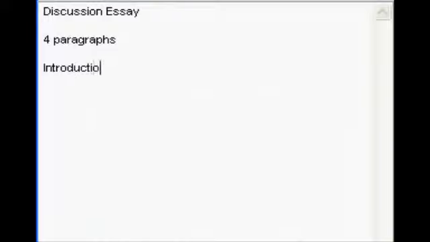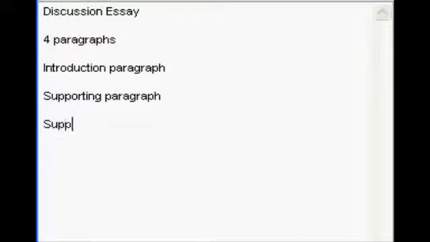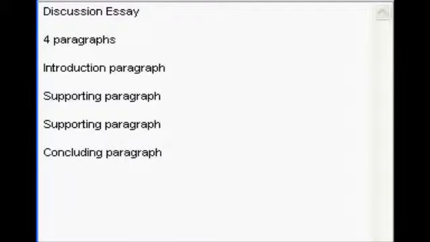First being an introduction paragraph, second being a supporting paragraph, third being a second supporting paragraph, and the last being a concluding paragraph. And I'm just going to mark these as number 1 and number 2 so we can keep track of them easier.